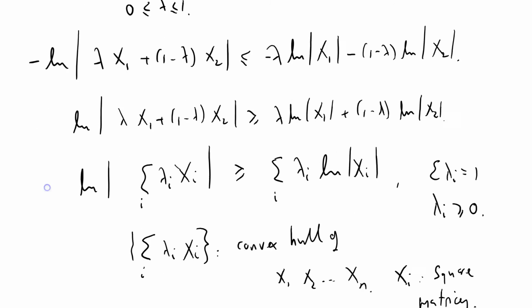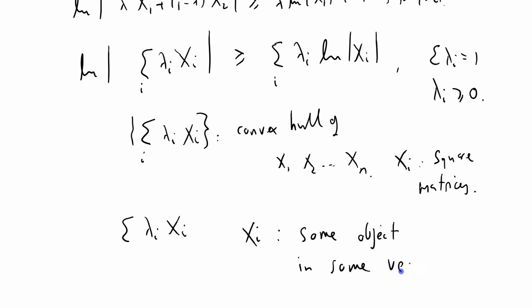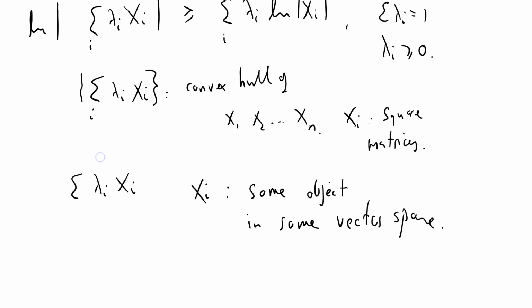Really, what I'm doing here is considering sigma lambda i xi, where xi is some object in some vector space from which we can form nice, we'll put that in quotes, linear combinations.